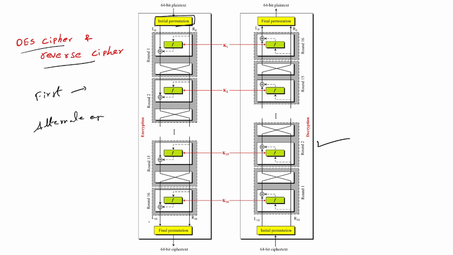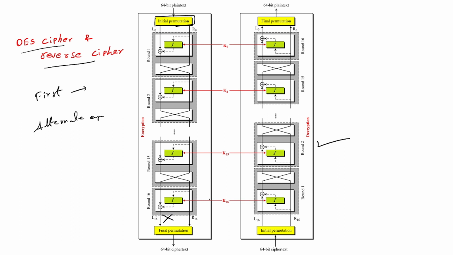You can observe that the 16th round is different from the other 15 rounds, because the last round does not contain the swapper. Each round has 2 components, mixer and swapper, except the 16th round. Why?